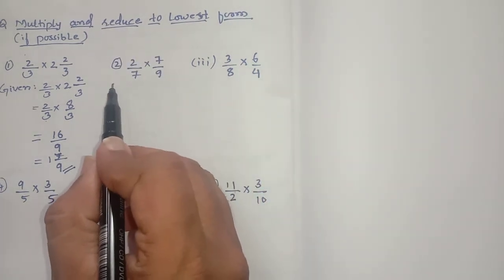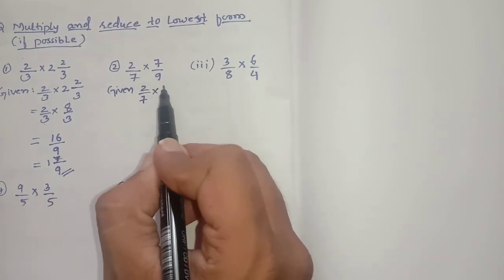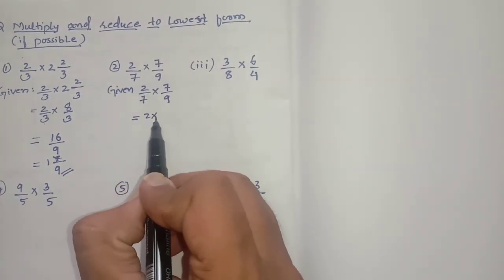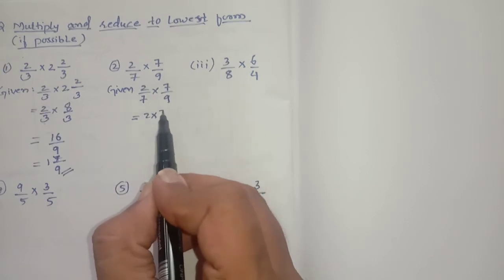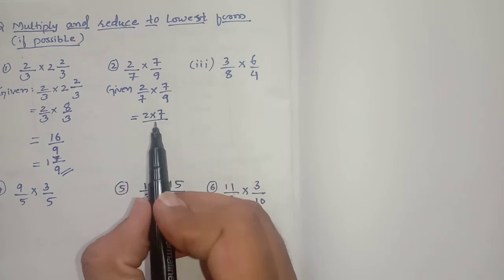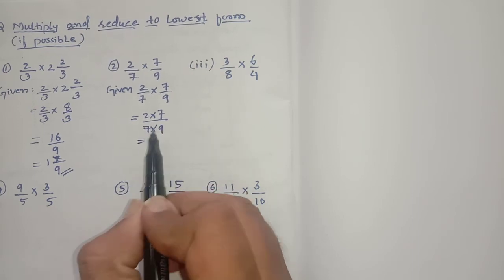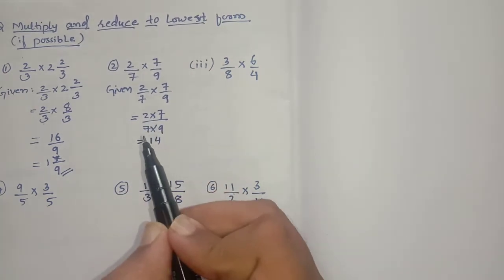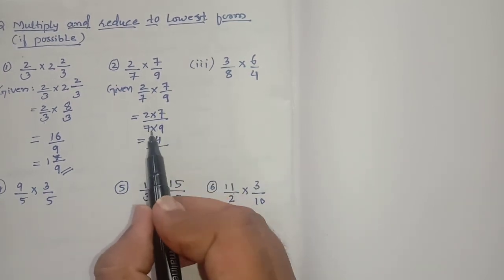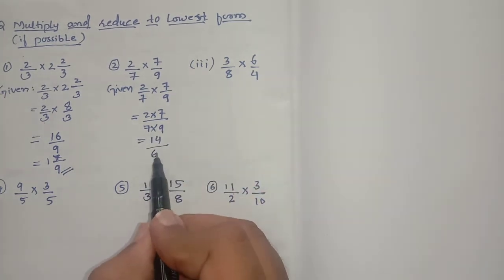Next, student, first we will write the given. Question is 2 by 7 into 7 by 9. Now first we have to multiply numerator into numerator divided by denominator into denominator. 7 into 9. 2 7s are 14 divided by 7 9s are 63.